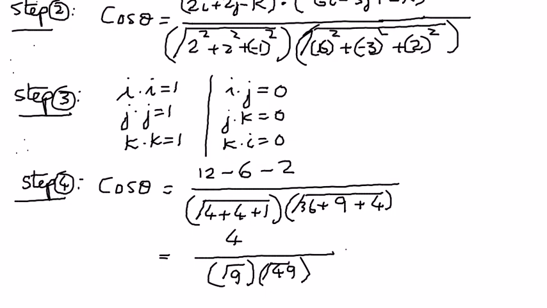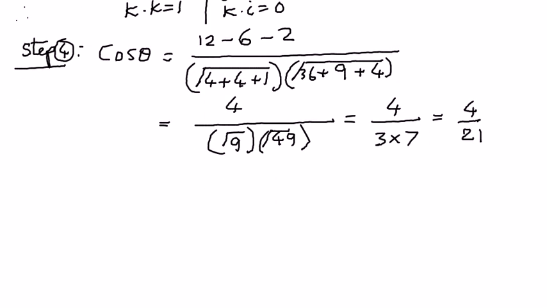So when we simplify this, it is 4 divided by square root of 9, which is 3, and then square root of 49 is 7. So we got all the simplified form in here. We can write this as 4 divided by 3 times 7, which is 21. So cosine theta is equal to 4 over 21. We want the value of theta, the angle between those two vectors.